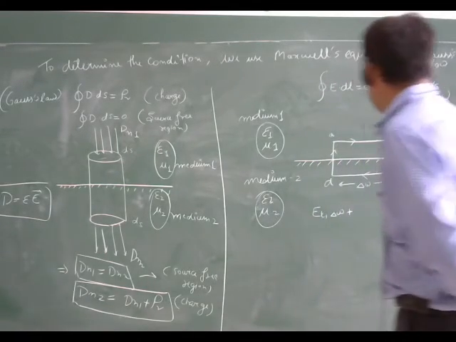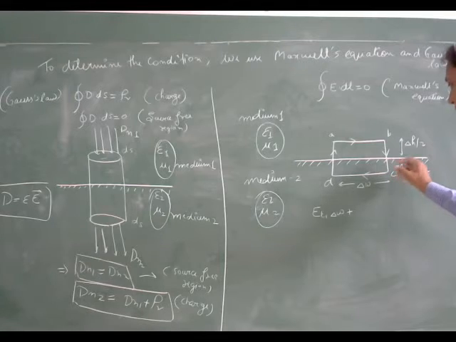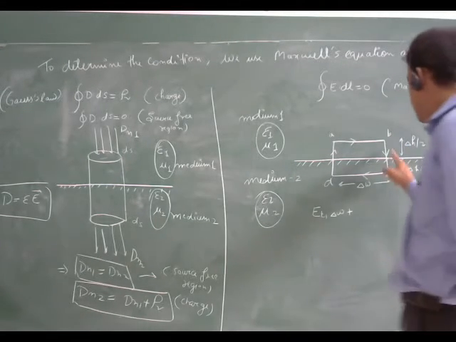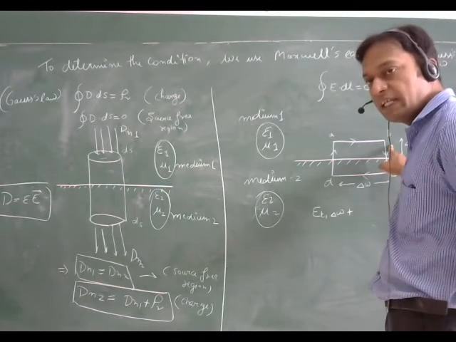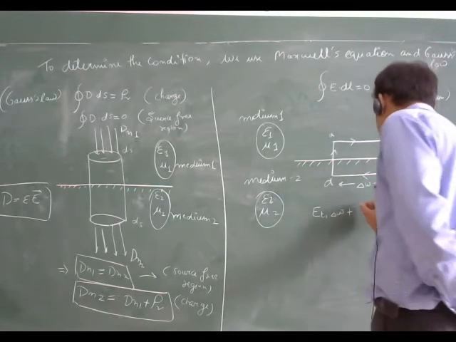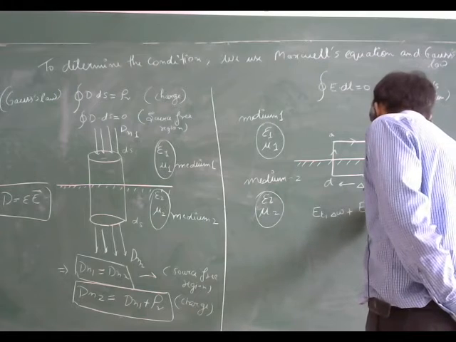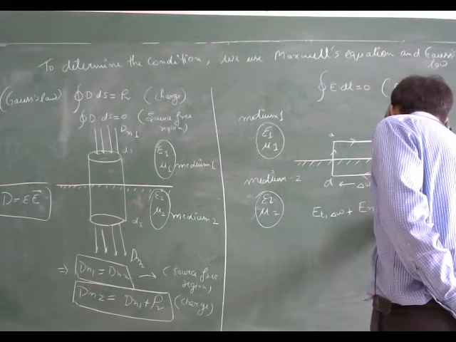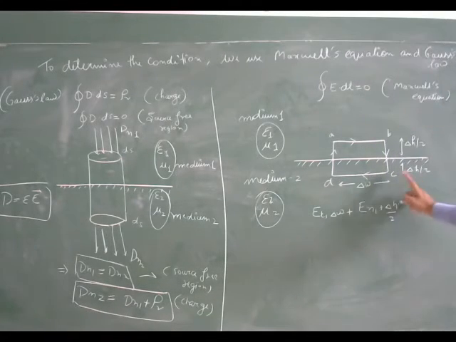Plus from B to this region, the length is del h by 2, and this is the normal component of the electric field in medium 1. So this will become En1 times del h by 2, and this is the normal component of electric field in medium 2.